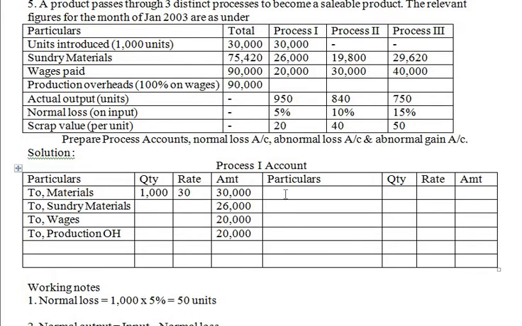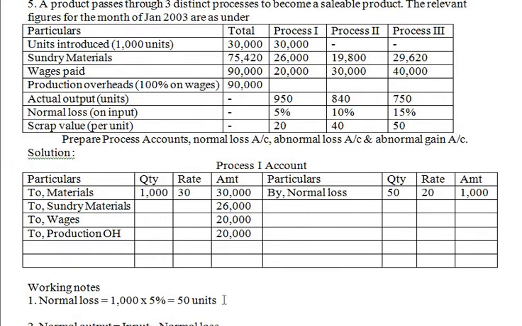Okay, yes, so here we are going to record it by normal loss. Okay, units is 50 and it is having a realizable value. Realizable value is 20. So the amount is 1000.